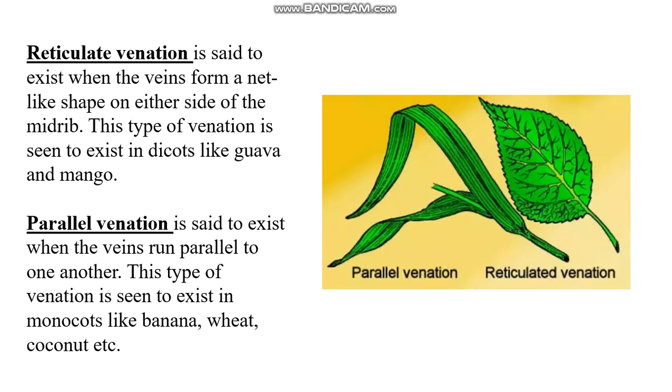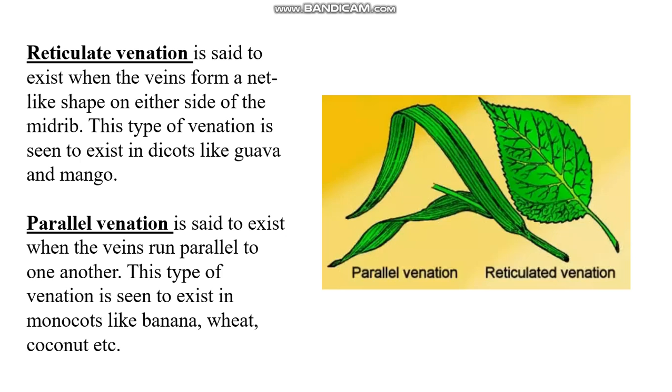Next, depending on the vein arrangement, leaves are classified on the basis of venation into two types: reticulate venation and parallel venation. You can see in this example, reticulate venation is said to exist when the veins form a net-like shape on either side of the midrib.